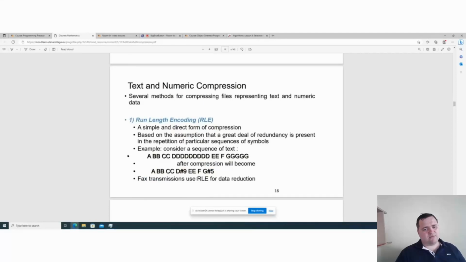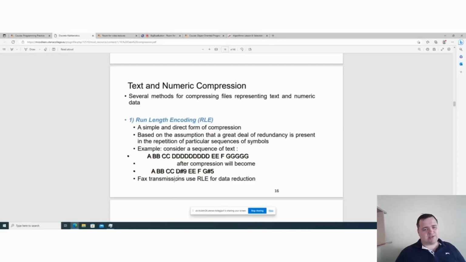Here we have one of the methods of such an approach, which says that we replace repeated symbols or repeated portions of data by mentioning that data plus the number of repetitions. Literally, we will have a separator, and we have to figure out what that separator will be. For example, it could be such a symbol, or you can imagine whatever other symbol. That's totally up to you.